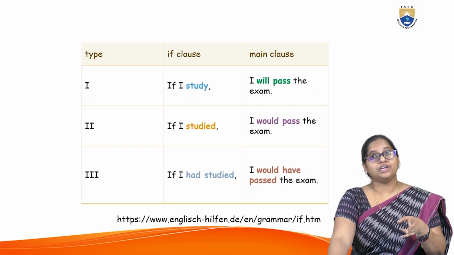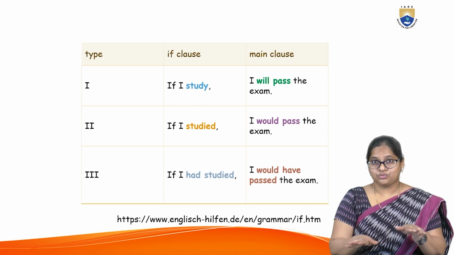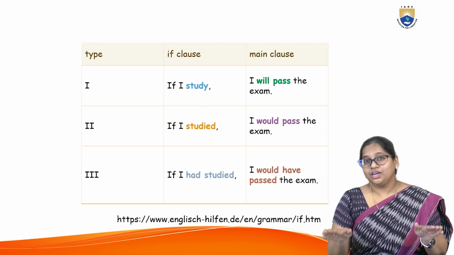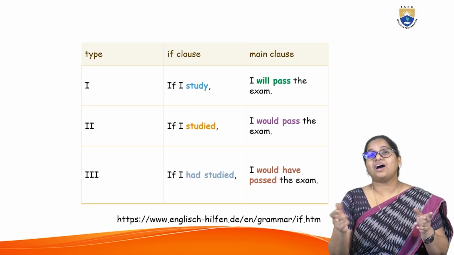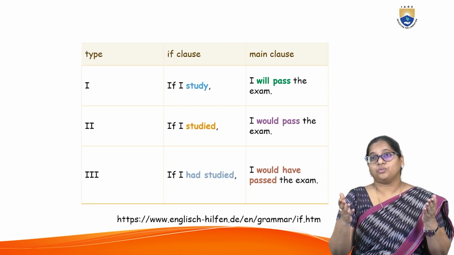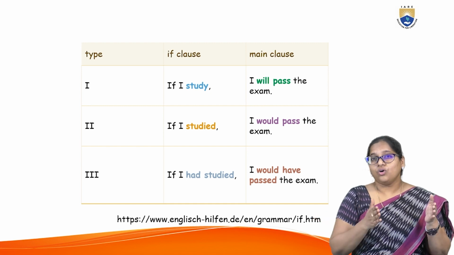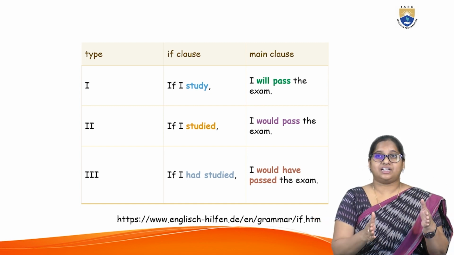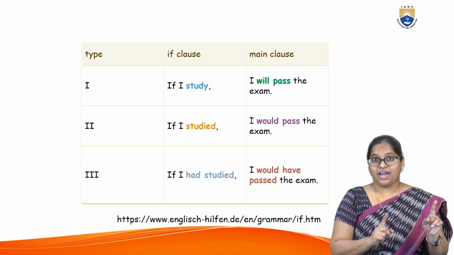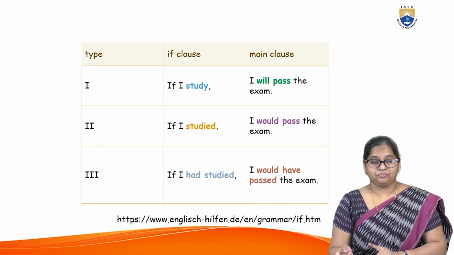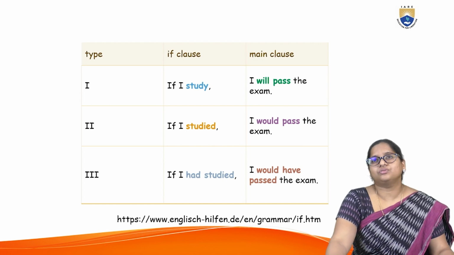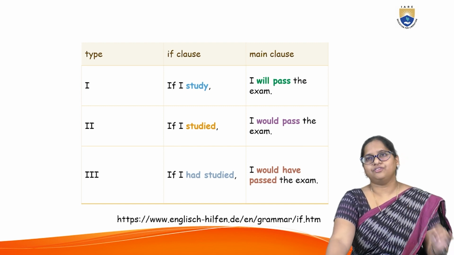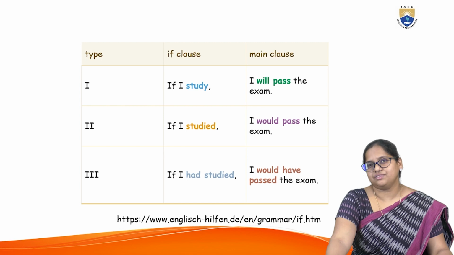Infinitive means the base verb without any inflections, suffix or prefix. So in condition 2: if I studied, I would pass. If I ate, I would come. If I completed, I would be very free. So that is if plus simple past, then would plus infinitive.